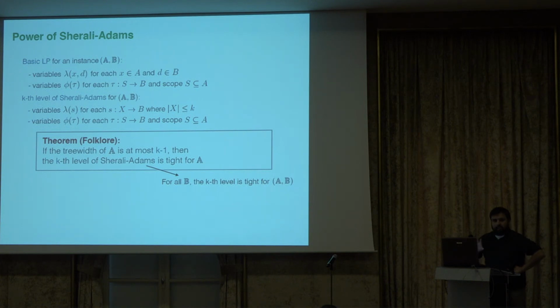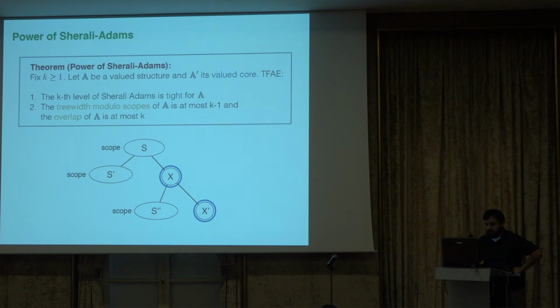And the goal here is to try to understand the limits of this. And let me give you the final theorem, which is as follows. We fix K, okay? We have A to be a valued structure, and A prime is going to be its core, okay? And we have that the following are equivalent. The K level of Sherali-Adams is tight for A, if and only if the tree width modulo scope of A is at most K minus 1, and the overlap of A is at most K.